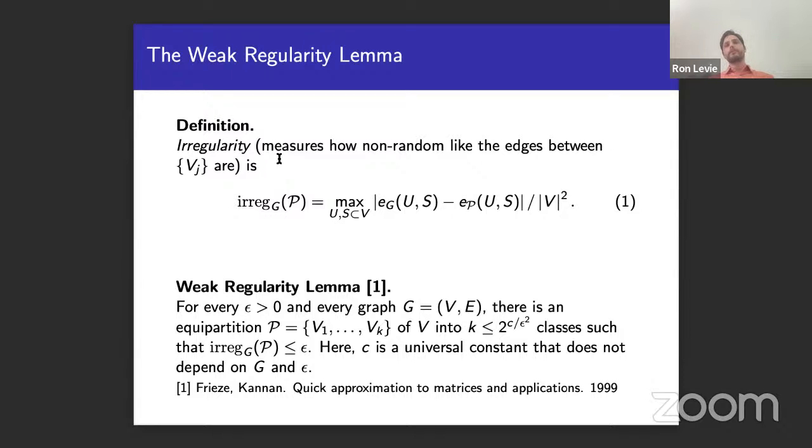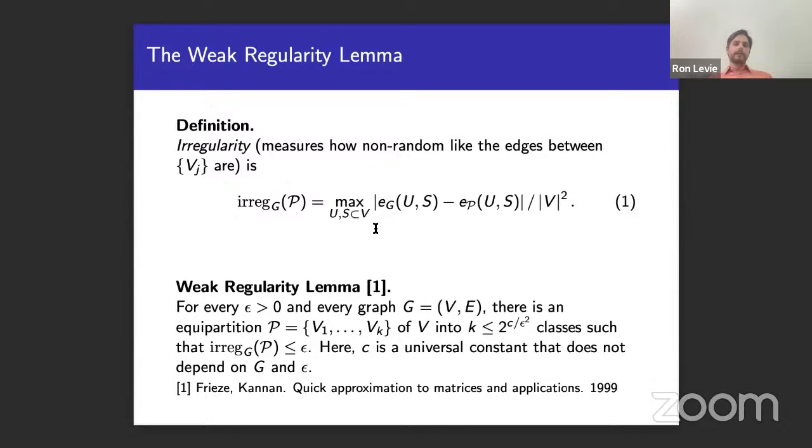Irregularity measures how much the graph doesn't look random, given a partition of the nodes into classes V_j. What you do is take the pair of node sets that maximize the difference between the actual number of edges between the two sets and the expected number of edges. The smaller the irregularity is, the more random-like the graph is.